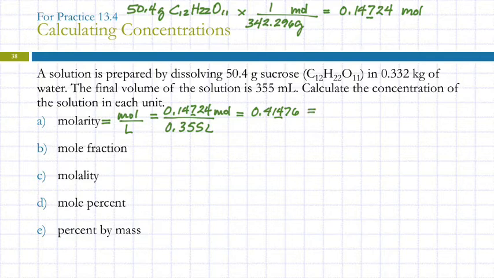I'm going to round that 0.415, and I can write that as moles over liters. That's the same as 0.415 capital M. The capital M is shorter, it's on one line, and so it's just a shorthand. We use it so much, but it's very important to understand it's moles per liter, not moles.